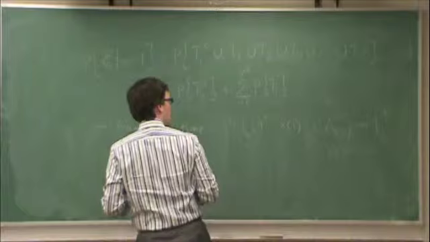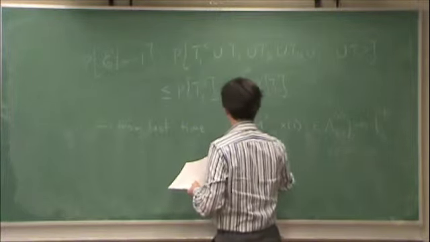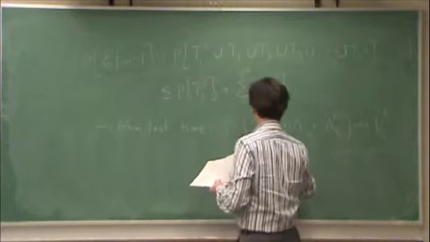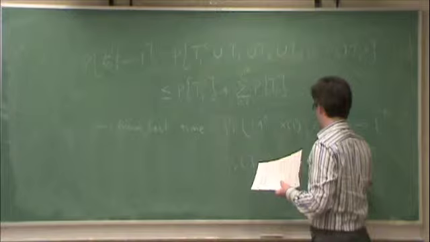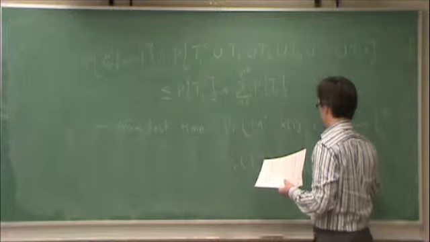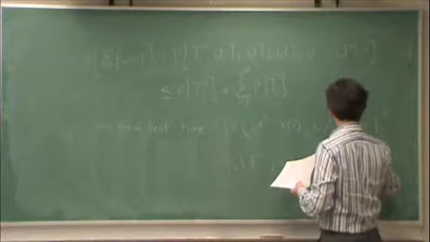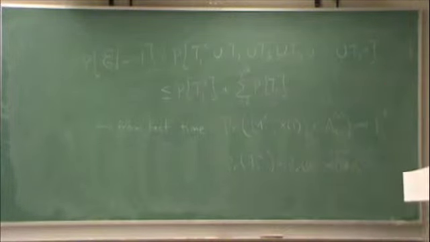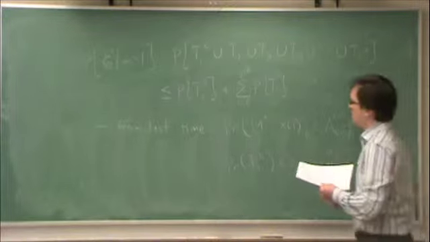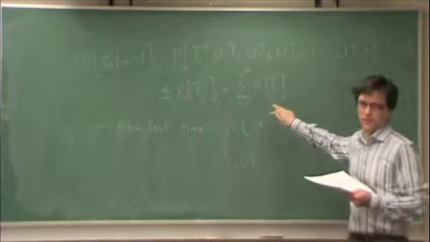So that means the probability of T1 complement, the probability that this output and input are not in the typical set, must go to 0. In other words, we can eliminate this and only focus on these events.